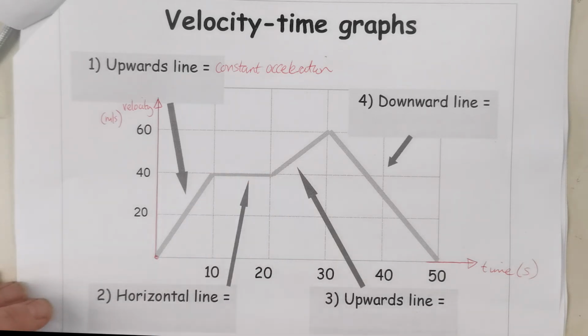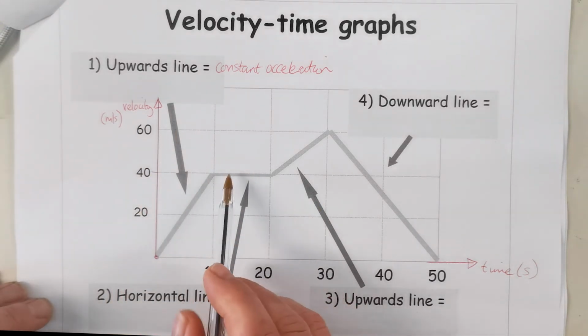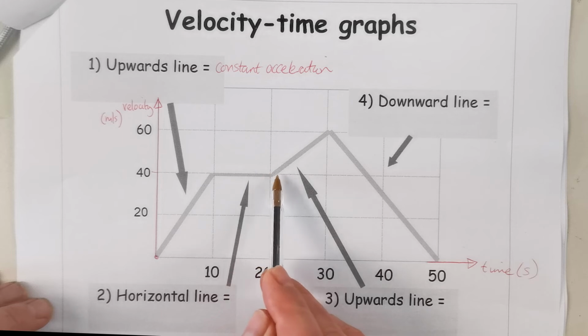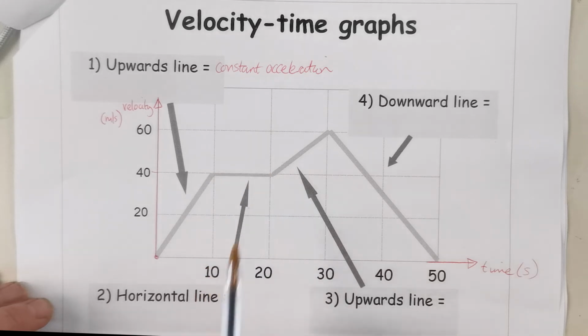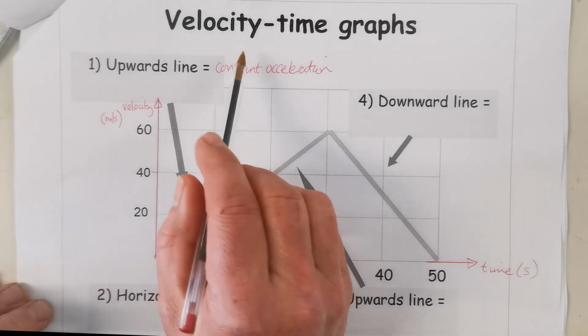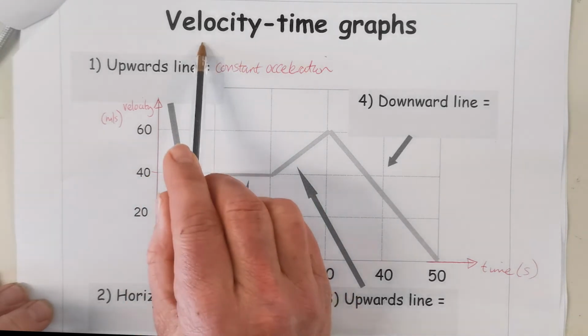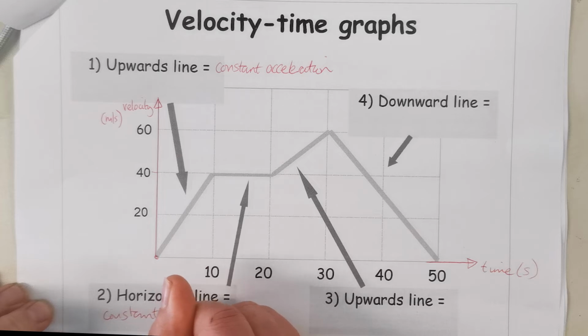Well, before, you might remember, that was actually going to represent stationary. But this is clearly not stationary. This object is moving at 40 meters per second at the start, and it's 40 meters per second now. That's certainly not stationary, is it? What this represents here, a straight line on a velocity time graph, means constant velocity.